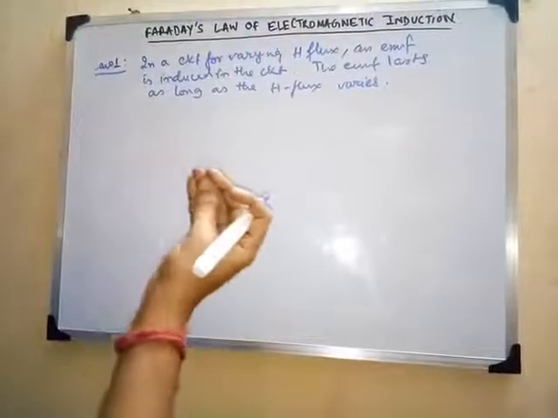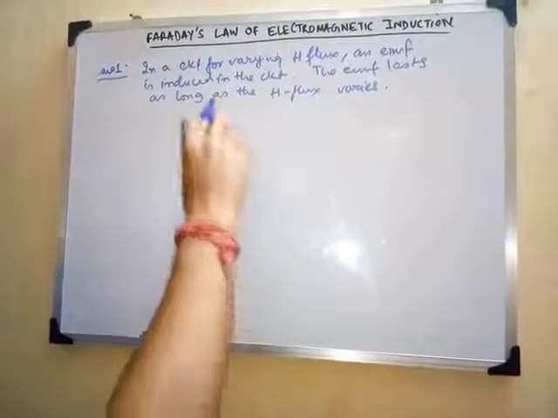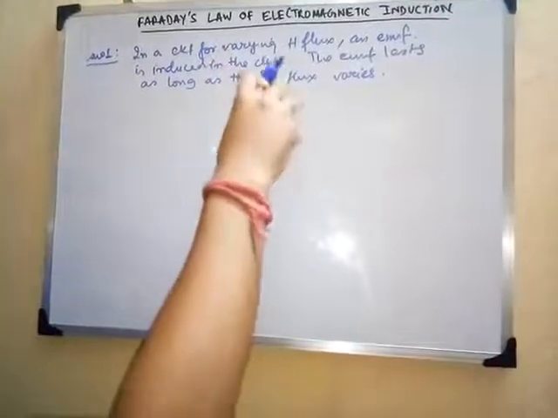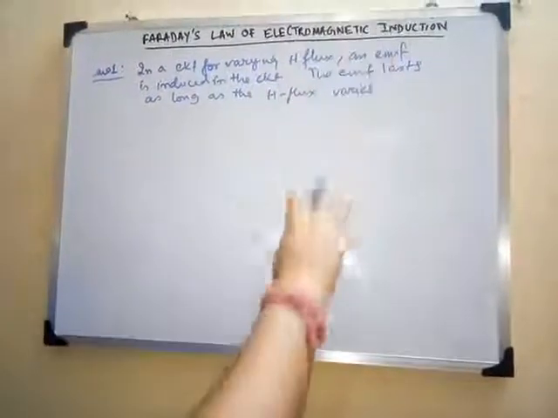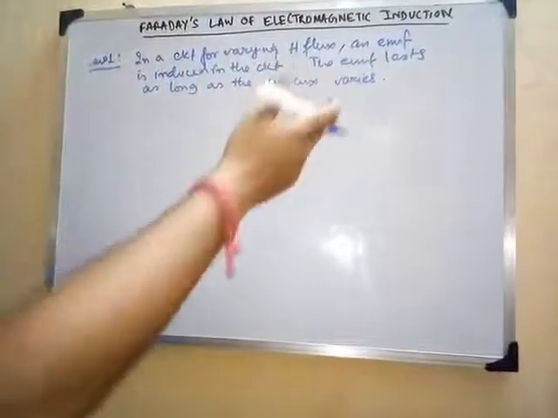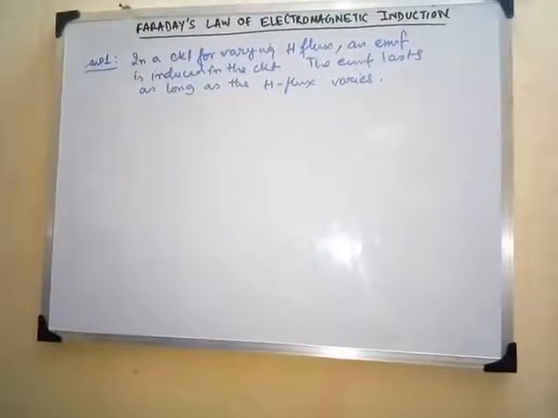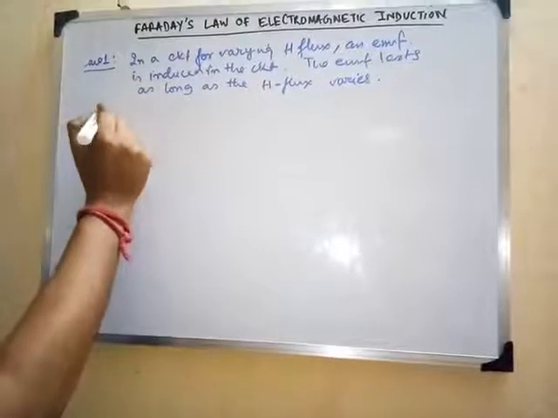So the conclusion is that within a circuit, if varying magnetic flux is present, EMF will be generated, and it will last as long as the flux continues to vary. When it stops varying, we will not get any EMF within the circuit. So this was the discussion related to law 1. Let us now see law 2.